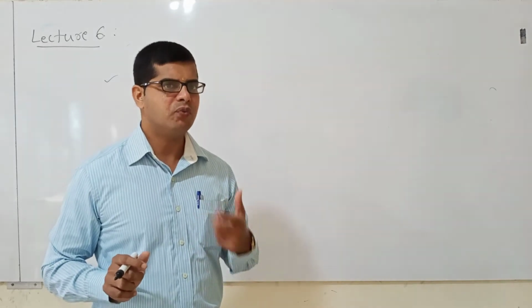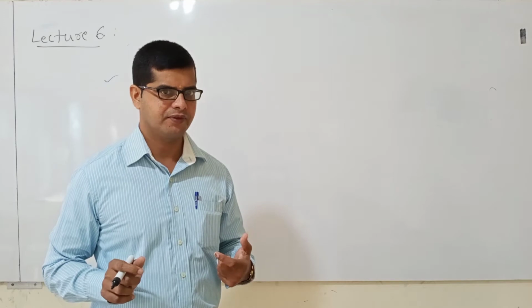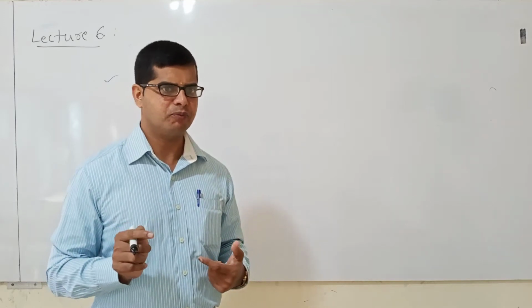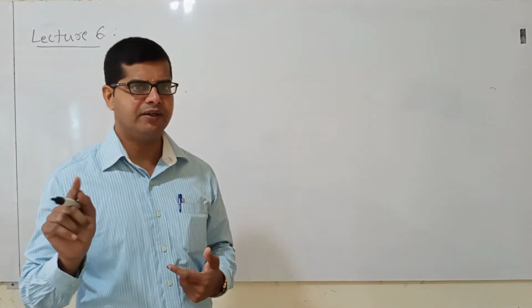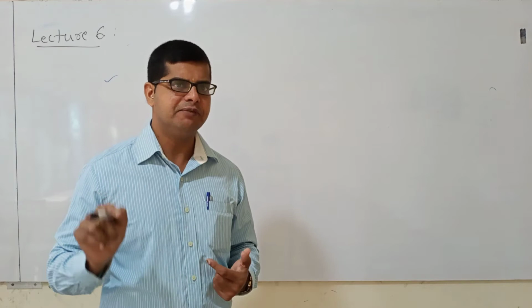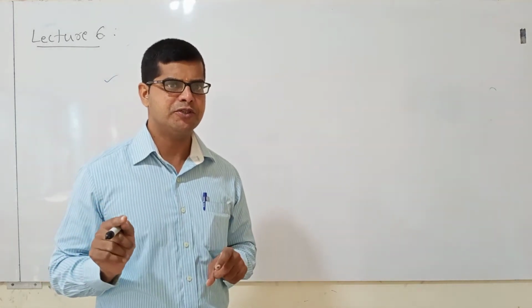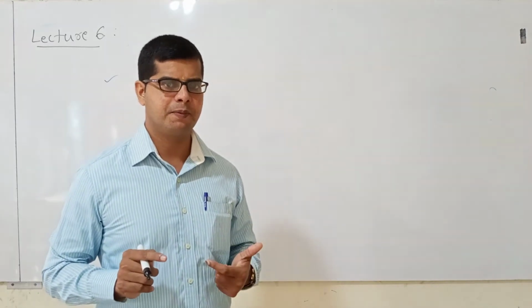Problem number 1: 1 base year, 1 current year, where we applied the formula P01 is equal to summation P1 divided by summation P0 into 100. So P01 means current year as well as base year.